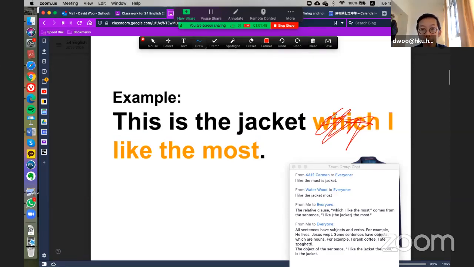So Benson, to answer your question, you can omit the relative pronoun when it refers to the object of the relative clause. Except if it's whose. That's what I mean.